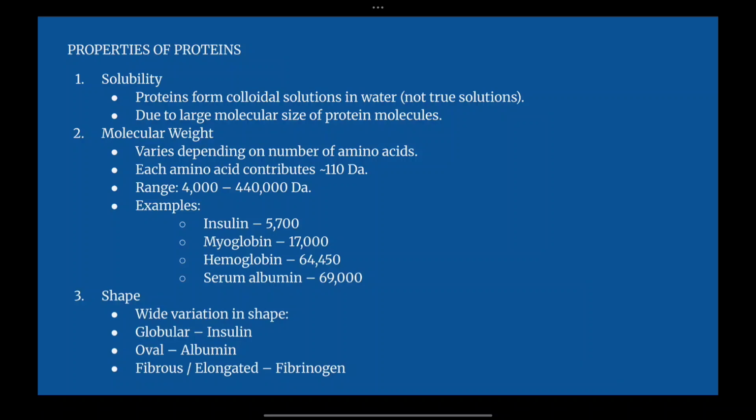Insulin is around 5,700 Dalton. Myoglobin is a protein present in the muscles, and it is 17,000 Dalton. Hemoglobin is a protein present in red blood cells, which is around 64,450 Daltons. Serum albumin is again 69,000 Dalton. So these are all the proteins that are present in human.